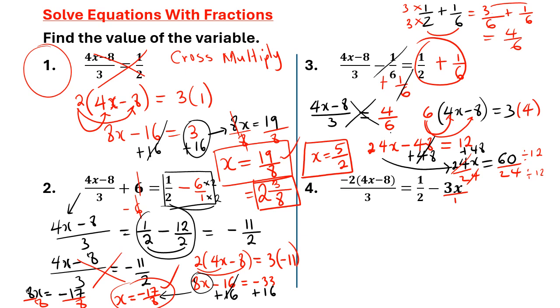All right, and then you're going to find what you call the lowest common denominator, or common denominators. Meaning that you want 3, 2, and 1 to somehow become the same number. How you do this depends on your understanding of multiplication, how you find multiples of numbers.